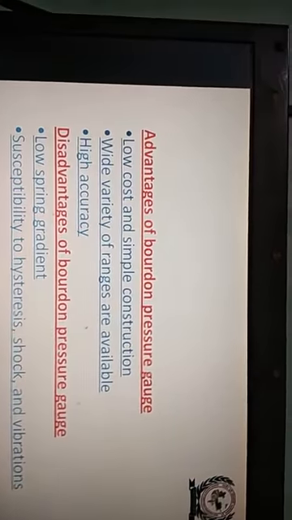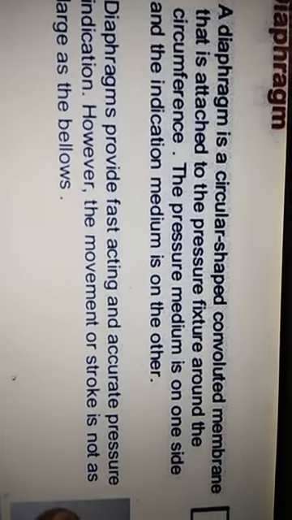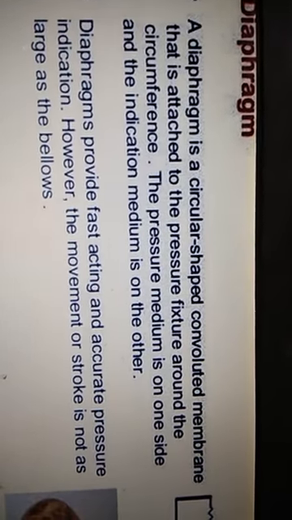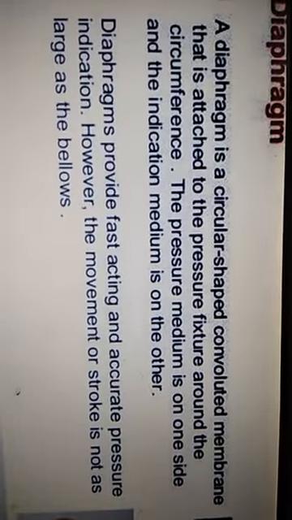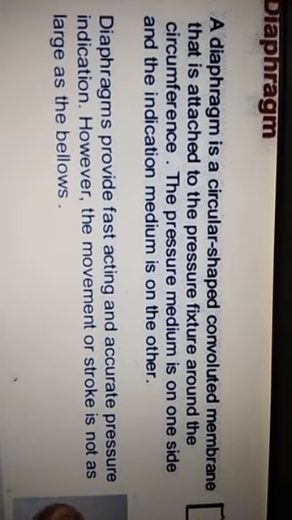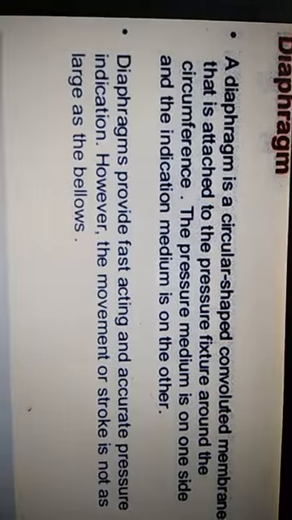You have already seen the speakers and microphones, where diaphragms are used for the air pressure. The pressure medium is on one side and the indication medium is on the other side.